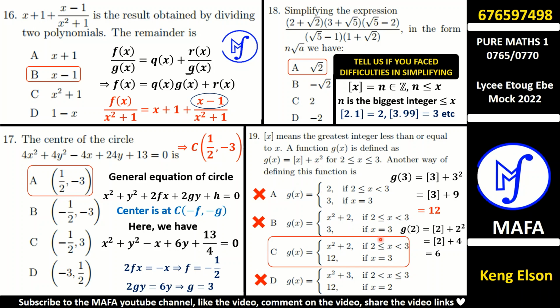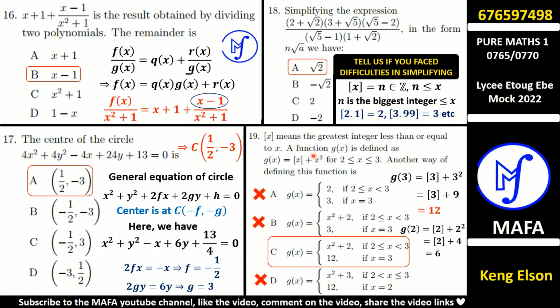Now if you go to 2.1, we are going to have the greatest integer of 2.1 plus 2.1 squared. But the greatest integer of 2.1 is still 2, then plus 2.1 squared. Now if you go to 2.3, for example, because it's still in this interval, we have the greatest integer of 2.3 plus 2.3 all squared.